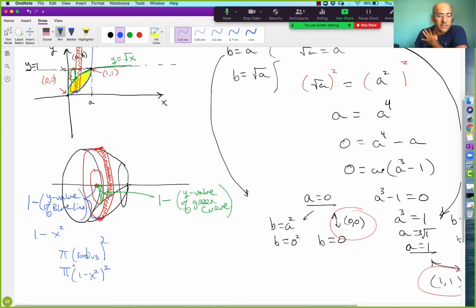Right? So this gives me the volume of this red coin if it was a solid coin with no hole in the middle. Now if I think about that hole in the middle, the volume of the empty space, an empty coin, the radius is going to be equal to 1 minus the y value of a point on that green curvature, which is root x.